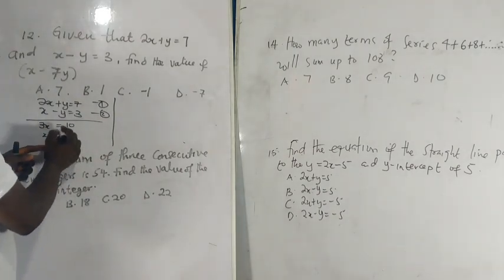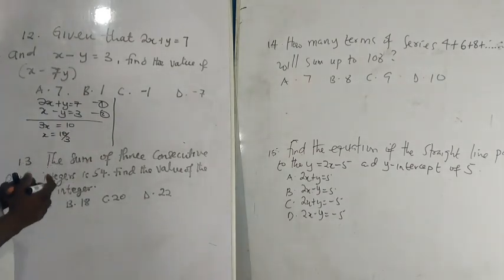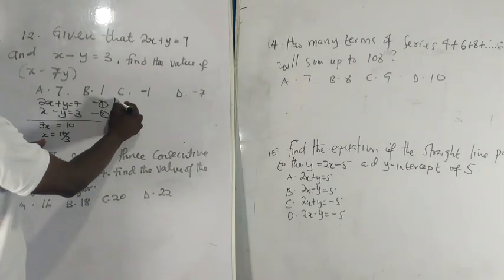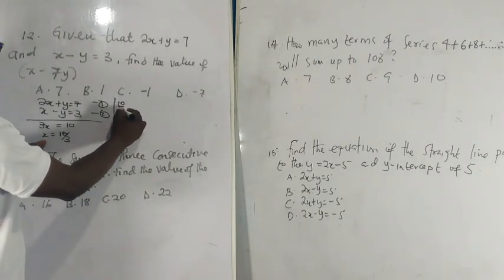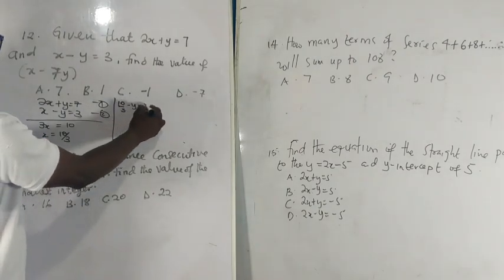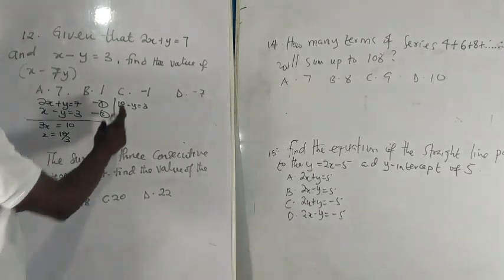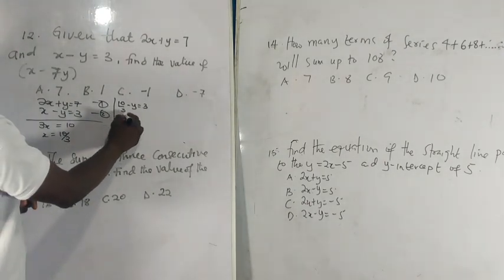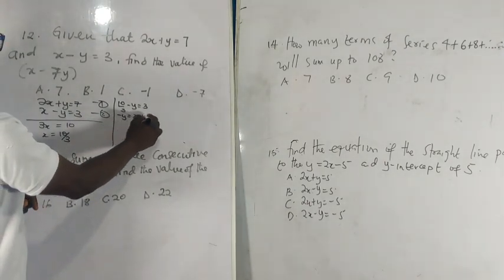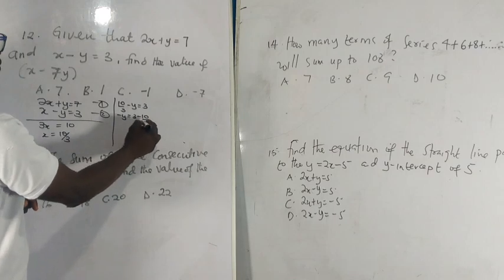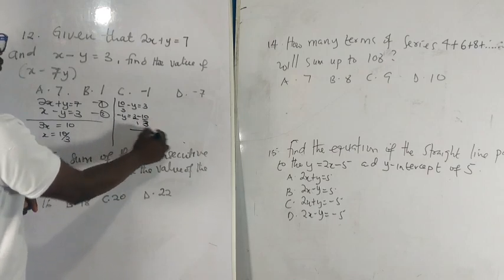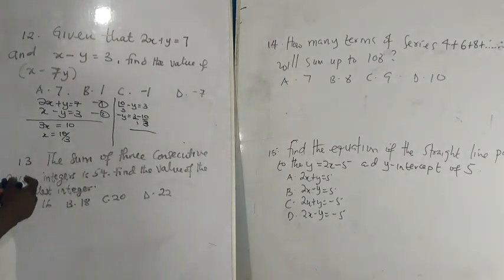So substituting this 10 over 3 in equation 1, it is going to be 10 over 3 minus y is equal to 3. So let's simplify that. Let's move this one to the other side. Minus y is equal to 3 minus 10 over 3. You remember this is over 1. So let's solve it as a fraction.